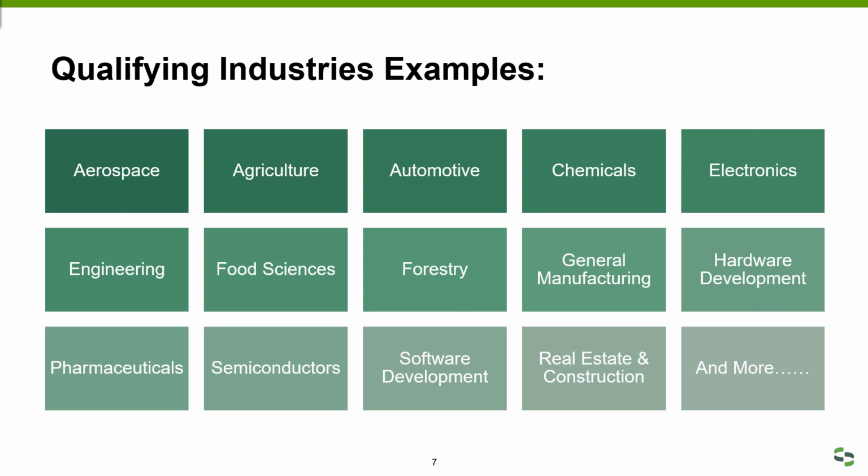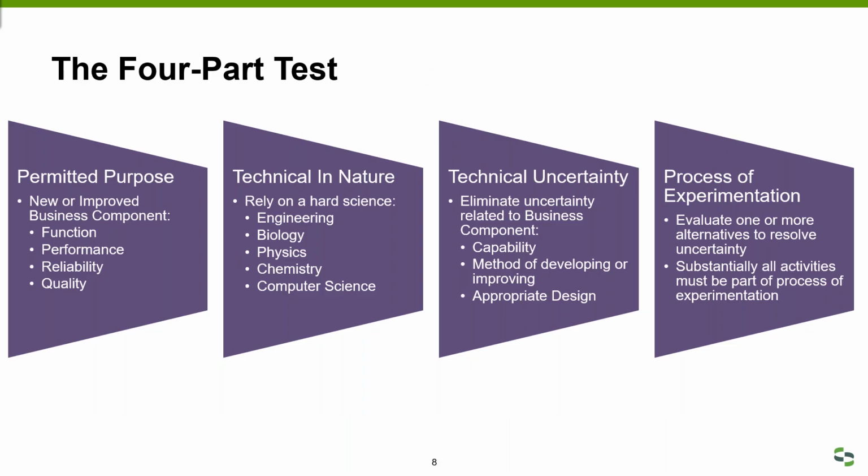And it really is applicable to any taxpayer in the United States or abroad, because to continue to compete, taxpayers must consistently be looking at designing, developing, formulating new and improved and innovative products and processes and software.